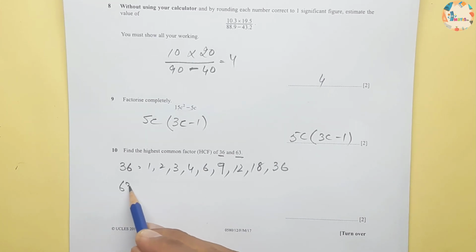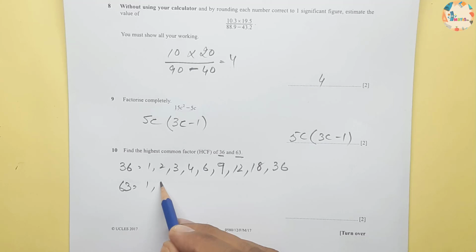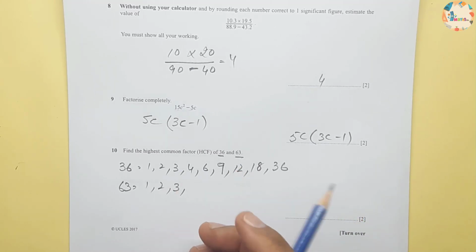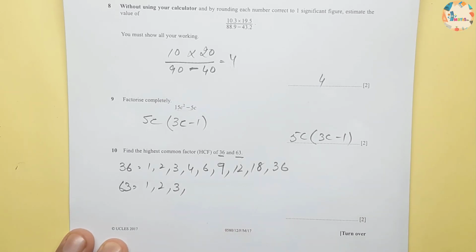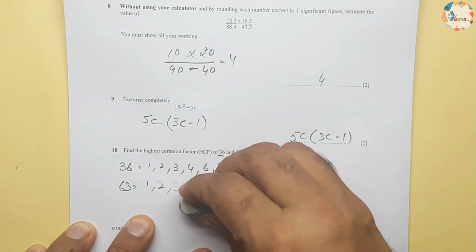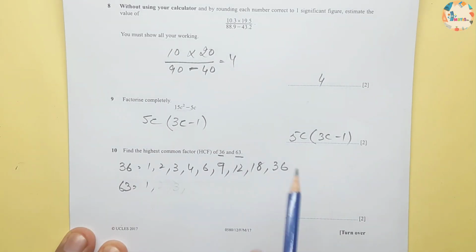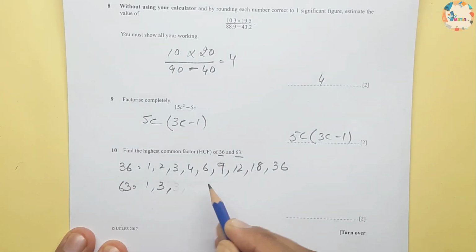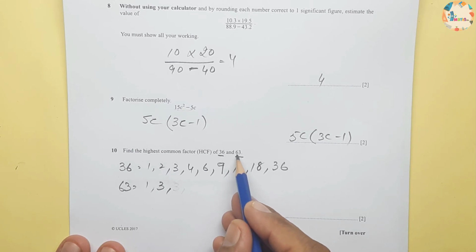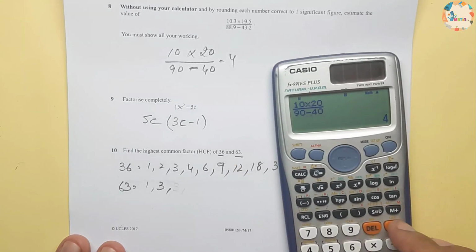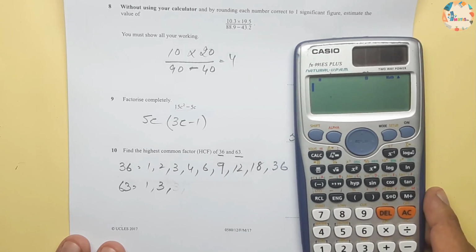And 63. Factors of 63 will be 1, then 2, 3 also. This is not divisible by 2 basically, so we will have to exclude 2. It's divisible by 3. Then 4, 6. You can use a calculator if you want. It's not divisible by 4 because that gives a decimal value.